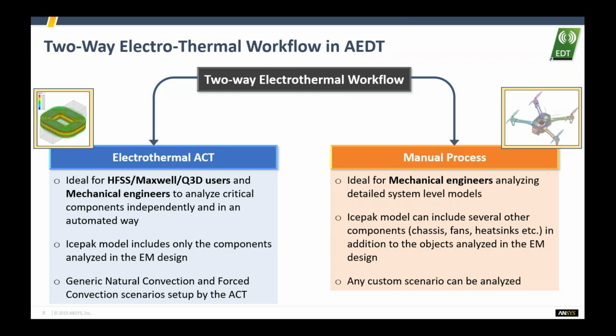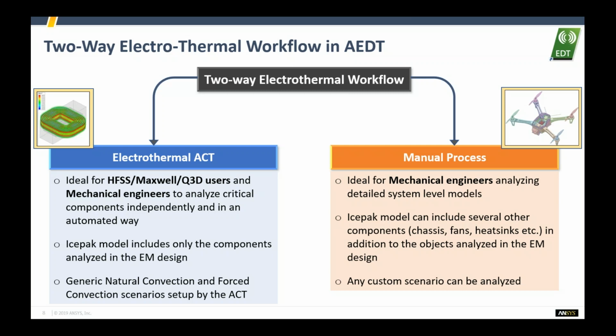So the electrothermal ACT is ideal for mainly electrical engineers, as well as mechanical engineers, to analyze some critical components independently and in an automated way. Most importantly, automated way. So iSpec model only includes the components analyzed in the EM design. It's only available for generic natural convection and forced convection scenarios.